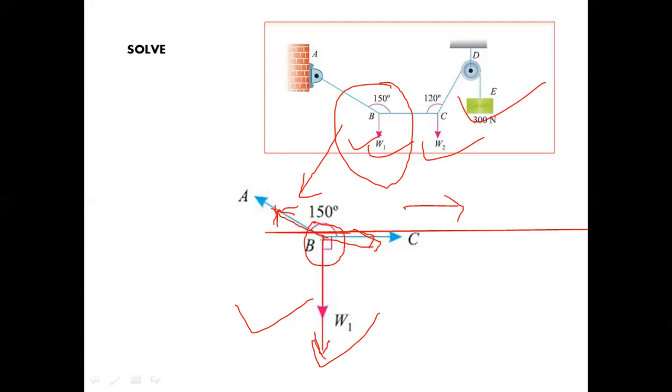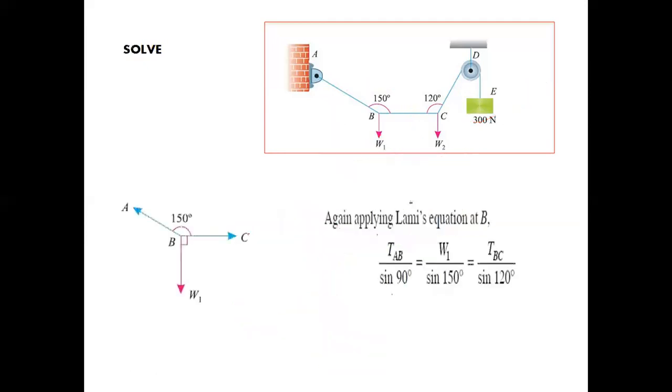So how can I find the load W1 and the tension AB? Here is the problem and here is the free body diagram.